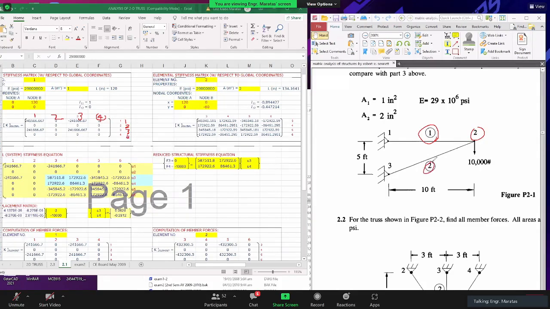For element 2, from 2 to 3, the angle should be this one. You solve this angle using the tangent function, then add 180 degrees to get the value of theta. The markers are 3, 4, 5, and 6, since node 3 times 2 is 6.